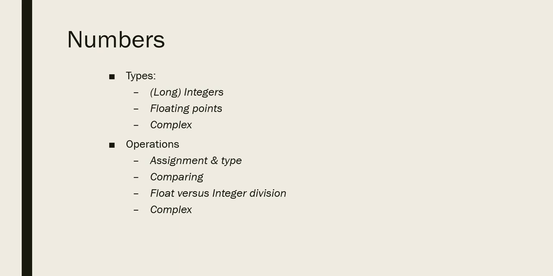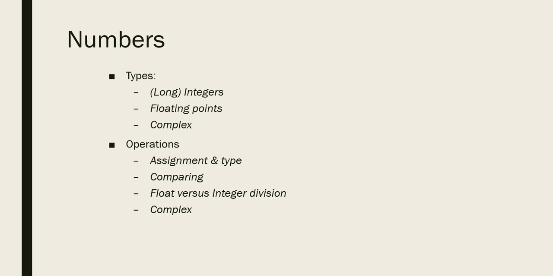Numbers. So we have text, which is called a string. That's one type of data type. We also have numbers, and these are divided into three types: integers, floating points, and complex numbers. Forget about the third, at least in this class. You have to understand what an integer and a floating point is, and it's very simple. Integers are just whole numbers, floating points have decimals, so they are with fractions.